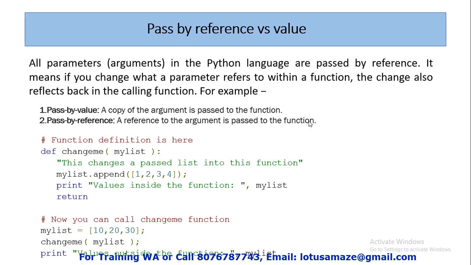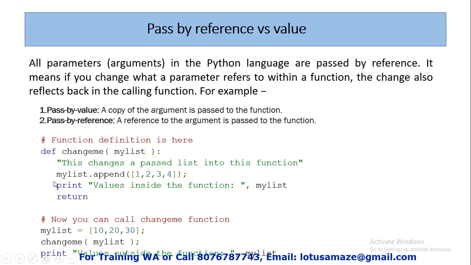So in pass by value, copy of the argument is passed to the function, and pass by reference means reference of the argument is passed to the function. So whatever changes done anywhere in case of pass by reference, that is reflected to other locations as well, right? Because this change goes into its address, its memory location.